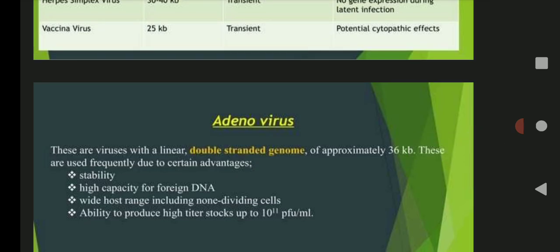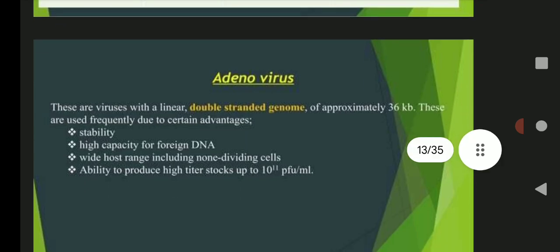Adenovirus is a double-stranded genome containing virus, which can have a 30 kilobase pairs capacity. It is stable with high capacity for foreign DNA, can infect a wide range of hosts, and has the ability to produce higher stocks.